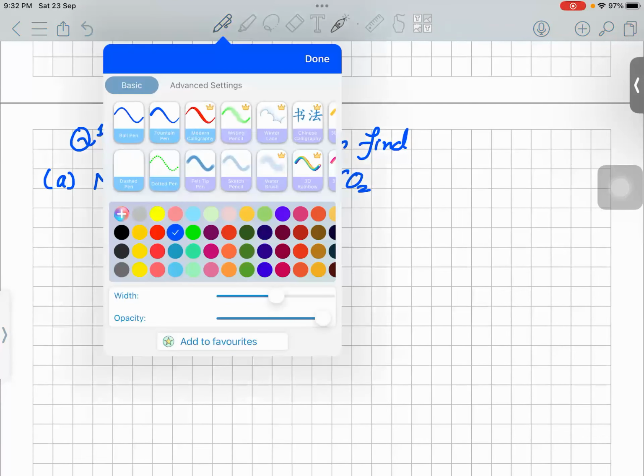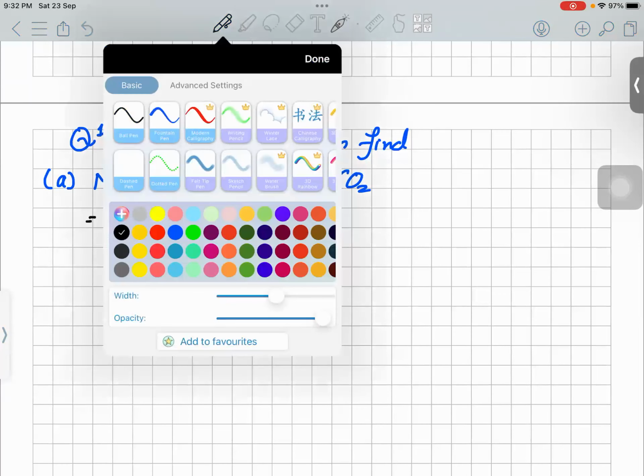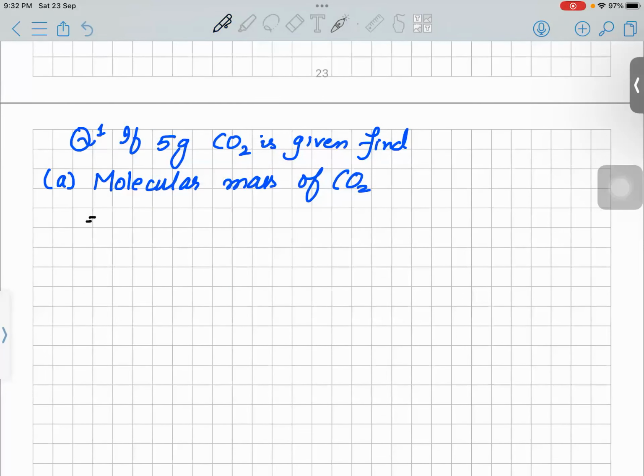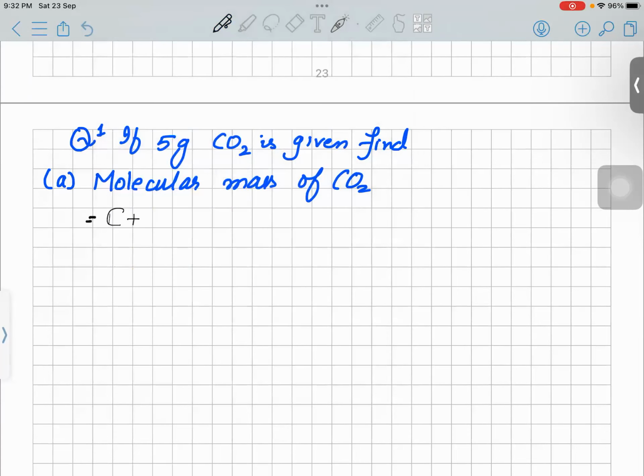Can you tell me the molecular mass of carbon dioxide? Carbon is 12, plus 2 oxygen, 2 times 16. So the answer is 44.